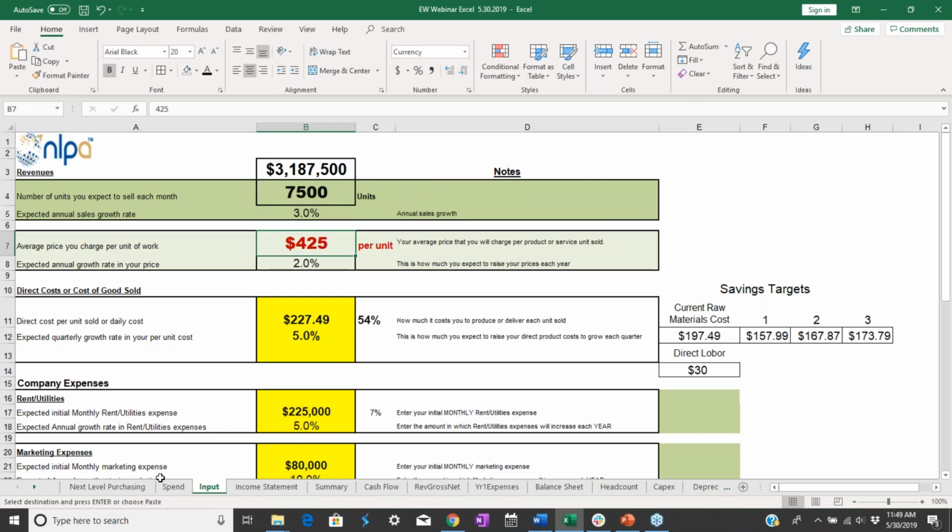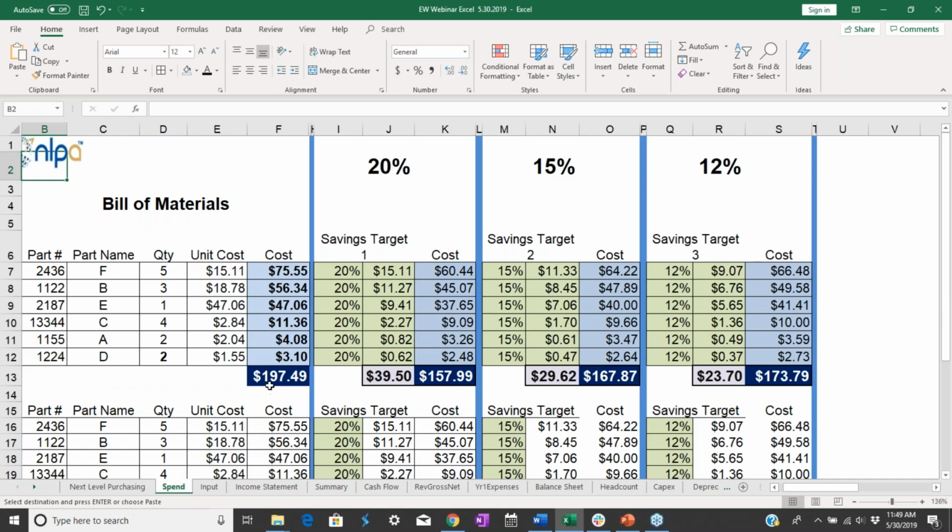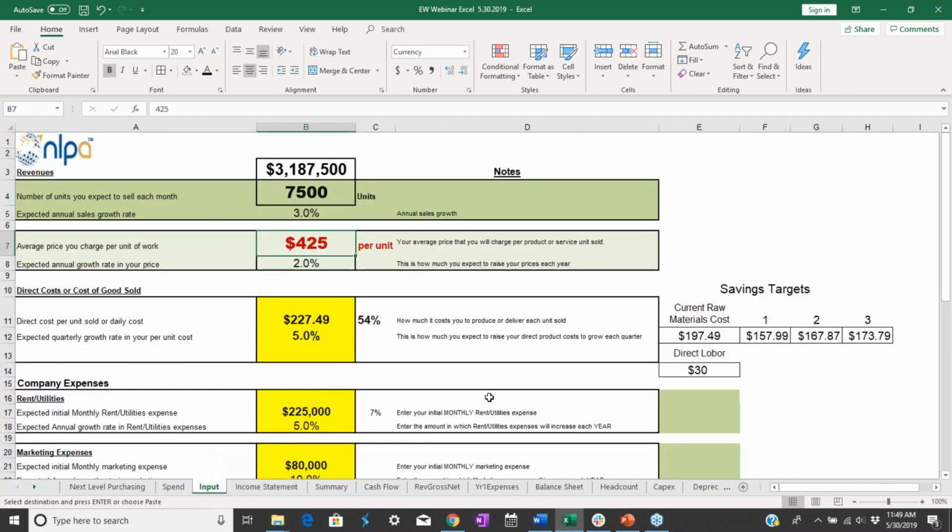Okay, and as we saw in the prior sheet, this is the total cost of the raw materials, and then we have the direct labor cost of $30 per unit, and this brings it up to $227.49, or a direct cost of 54% of the revenues.